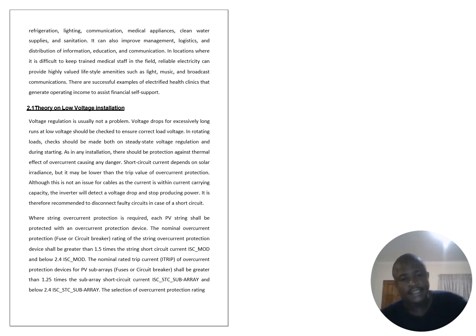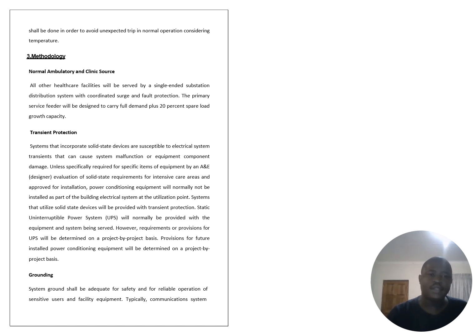The nominal rating of the overcurrent protection device of the PV separate fuses shall be greater than 1.25 times the separation short circuit current, ISC_S-STC, and below 2.4 ISC separate. The selection of overcurrent protection rating shall be done in order to avoid unexpected trip in normal operation, considering temperature. Methodology.